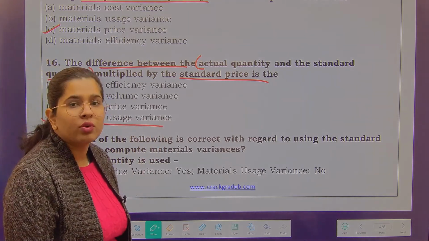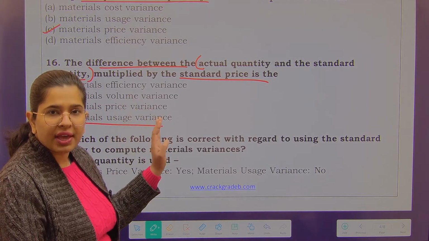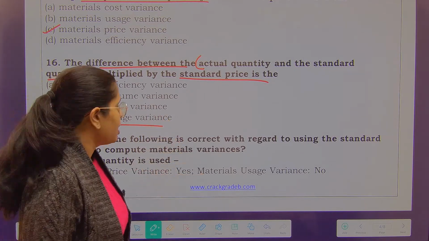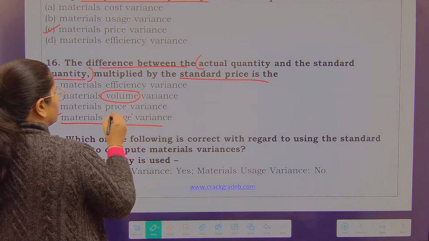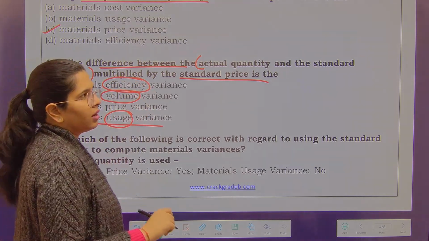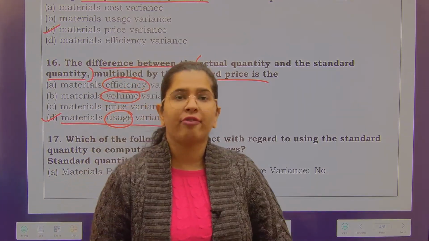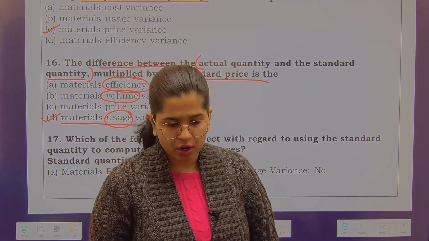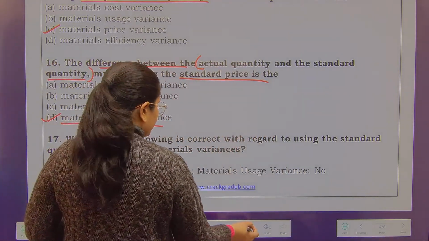Because you are comparing the quantity of the material. Volume variance, nothing of that sort we have read. What we have read is material usage variance. So do not get confused by seeing these two. They have used a different set of words in order to confuse you, right? That's why I was telling you that you have to read the different formulas and talk about them. Next is question number 17.